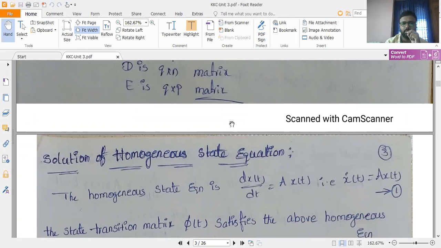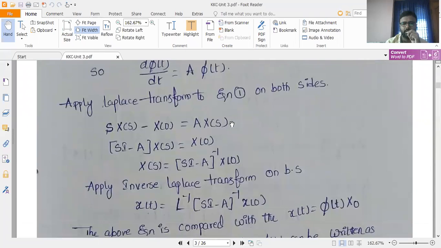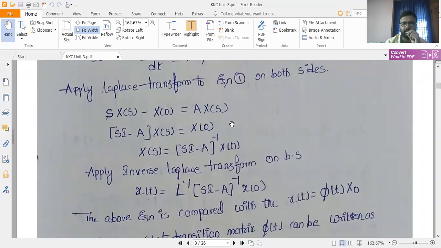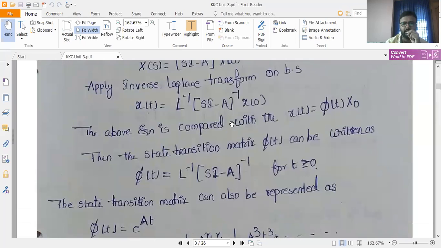In the solution of the homogeneous state equations, we derived the expression for the state transition matrix. It is represented by phi of t, and it is given as the Laplace inverse of (sI minus A) whole inverse. It can also be represented as phi of t is equal to e power A t.